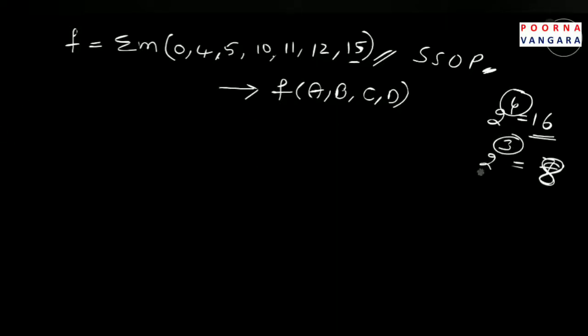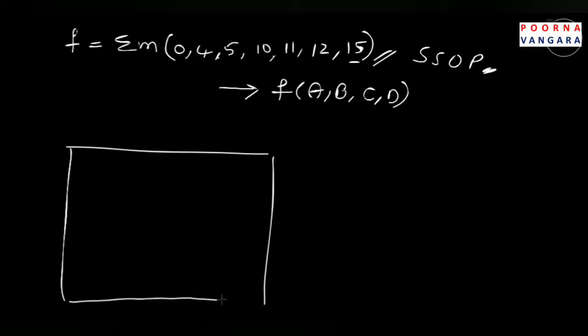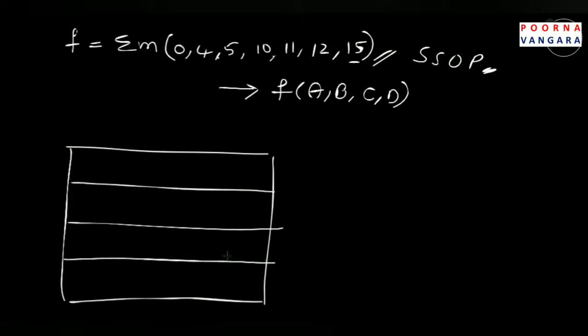This is very simple. So, now we need to consider a 4 variable K map. A 4 variable K map will consist of 4 rows. So, first divide in half, then divide the remaining again in half. So, these are the 4 rows.